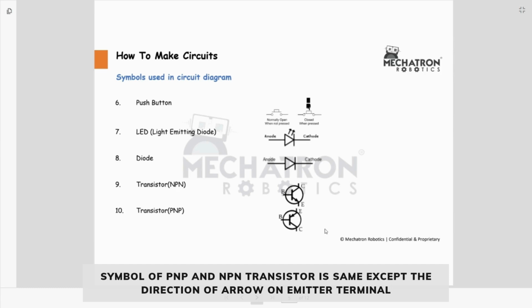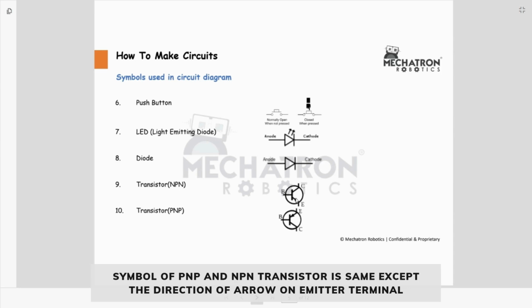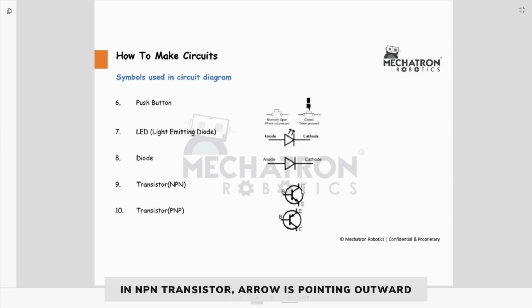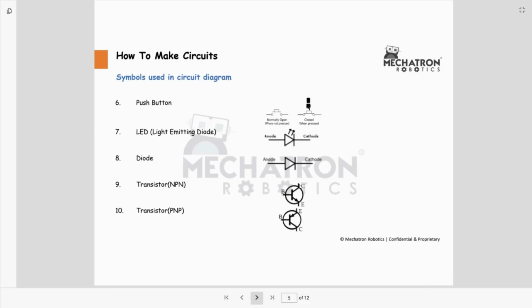The only difference is that the direction of the arrow on the emitter terminal is different. In the case of an NPN transistor, this arrow is pointing outward, and in the case of a PNP transistor, this arrow is pointing inward. So these are the symbols of PNP and NPN transistors.